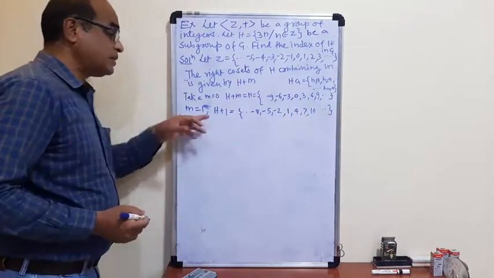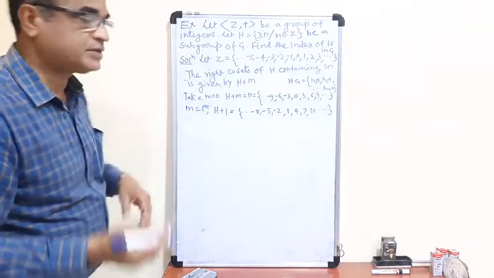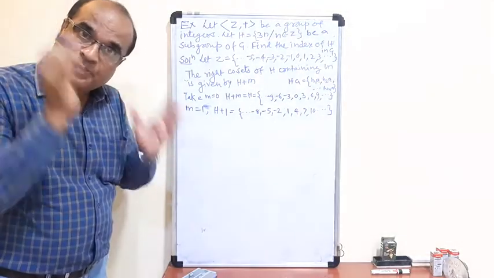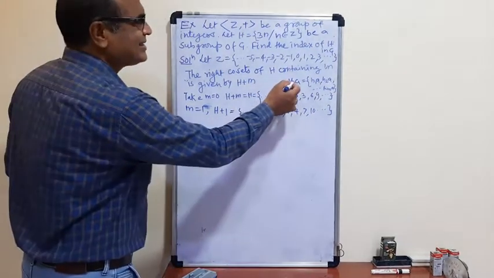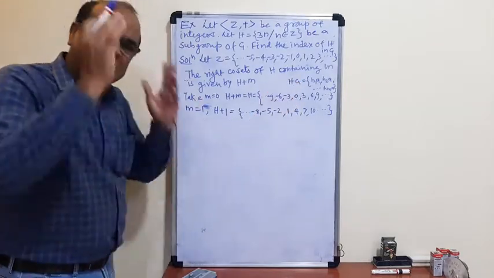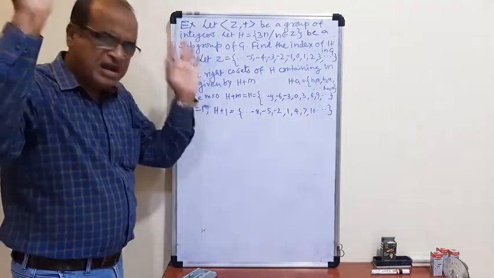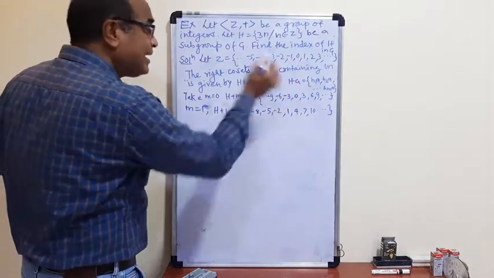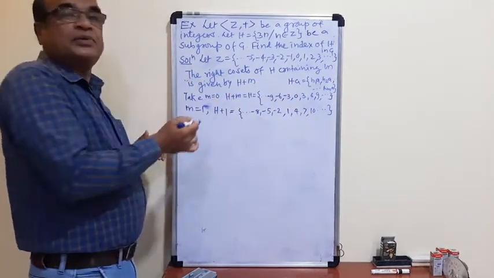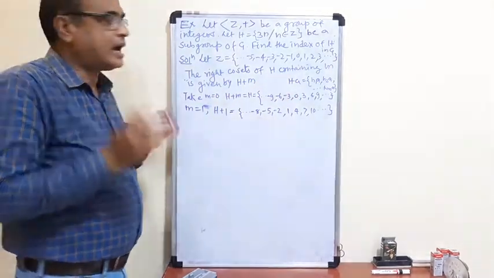So this is the right coset with respect to the binary operation star. The star operation may be multiplication or addition, we don't know. Particularly, we take the addition operation plus here.